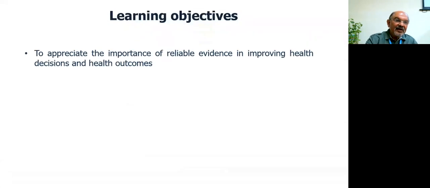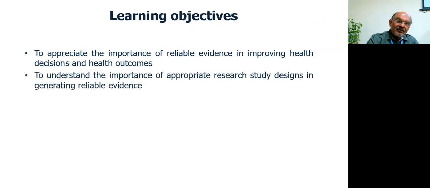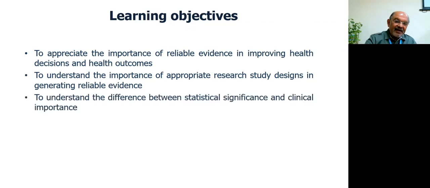But anyway, what I hope to cover this morning with you is to help you appreciate the importance of having reliable evidence to improve health outcomes through your decisions. And I'd like you to understand in a little way how appropriate study designs are required if you want to generate reliable evidence. And I want to help you understand the difference between statistical significance and clinically important results.